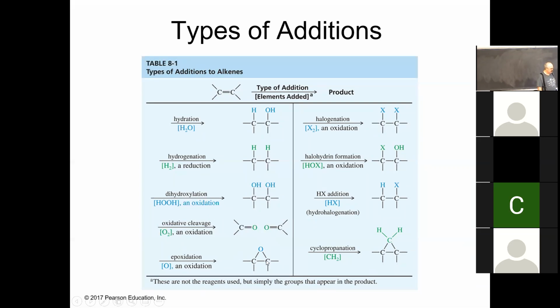Epoxidation is a type of addition. It's also an oxidation. We'll look at halogenation, halohydrin formation, where X is some halogen. Hydrohalogenation, addition of hydrogen and the halogen. And then we'll look at cyclopropanation.